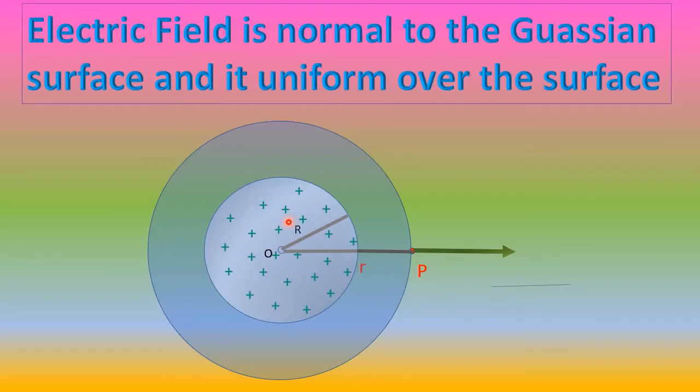Since the electric field lines originate normally from the spherical surface, the electric field lines are also normal to the Gaussian surface.